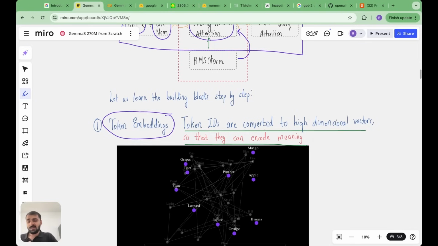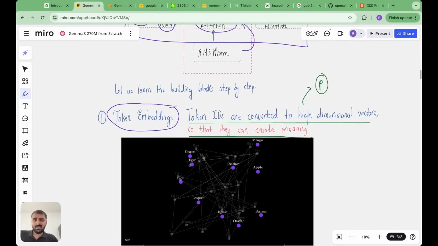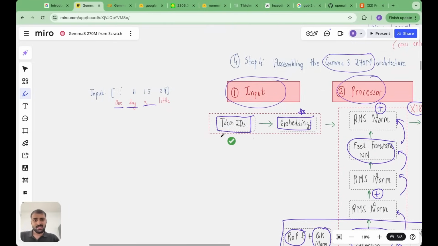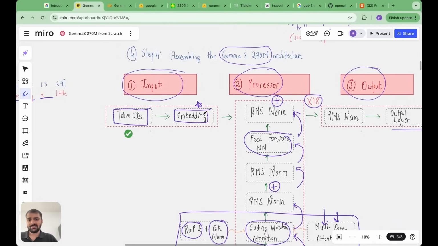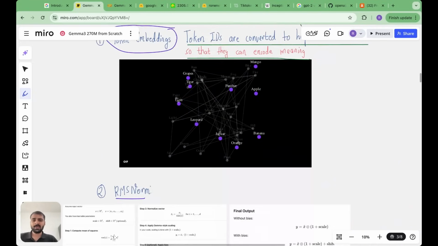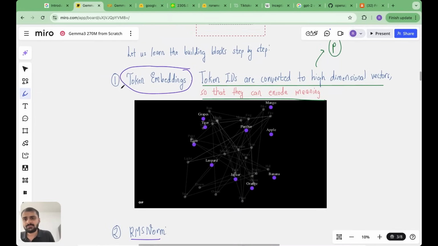So these are also trainable parameters. I'm just going to mark it as P wherever we have trainable parameters. Okay. So words can be represented as vectors and vectors can encode meaning in higher dimensional spaces. That's the first thing which is done here. Token IDs are converted into embedding vectors. That's the first building block.